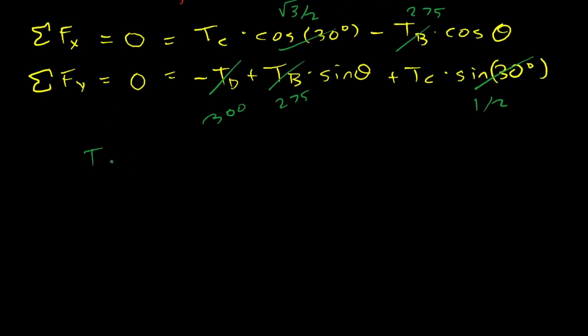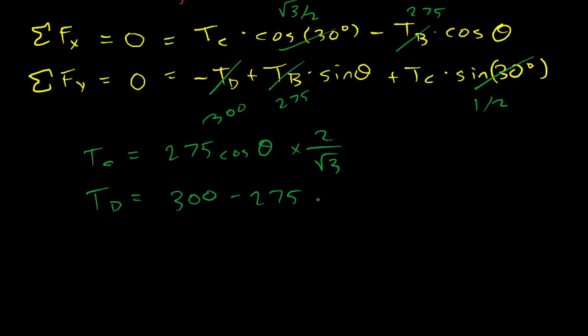We have T sub C equals 275 cosine theta times 2 over square root of 3. And also we have T sub C equals 300 minus 275 sine theta times 2. Oh, I don't know if I said T sub D, but I meant T sub C. So T sub C.